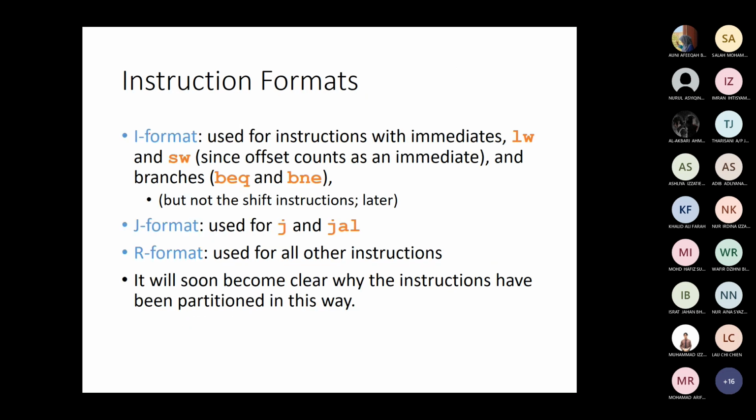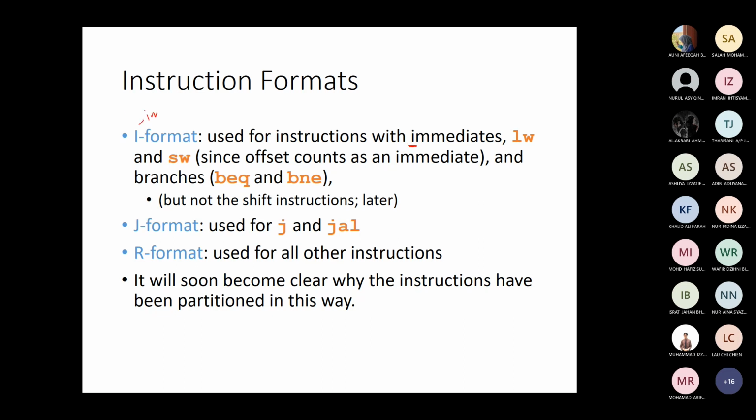Right. So the instruction format would be used during the machine decode. When we decode the machine, they would use this format. So I format is used for instructions with immediate. The I here means immediate.